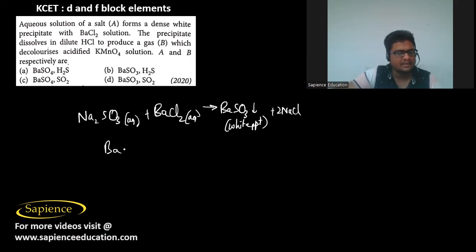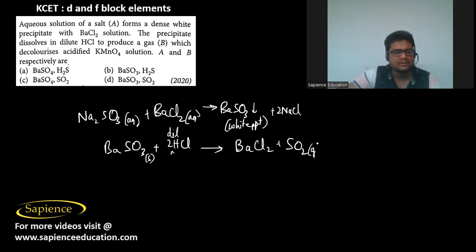And this barium sulfite precipitate will dissolve in dilute hydrochloric acid to produce a gas B. So here BaCl2 is formed and SO2 gas is formed plus H2O, and then the gas B will decolorize acidified KMnO4.